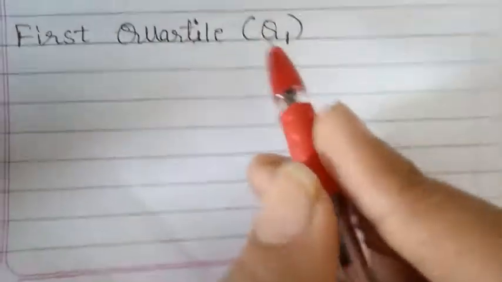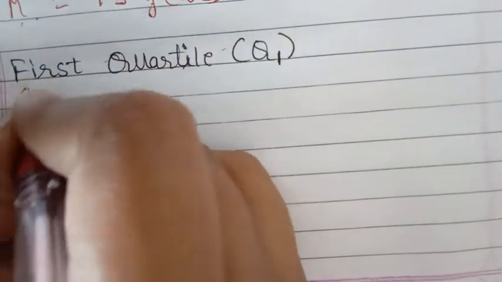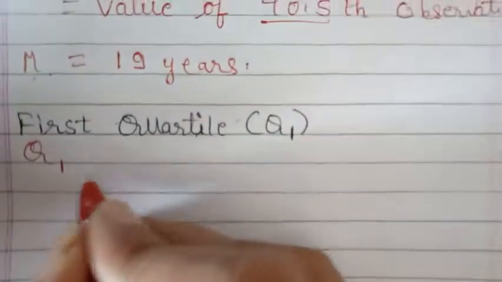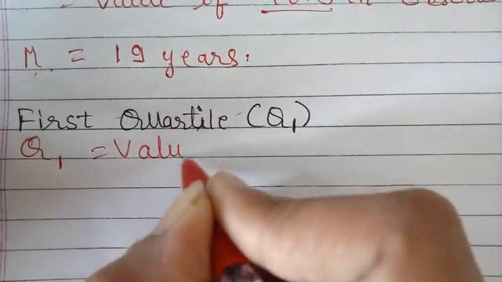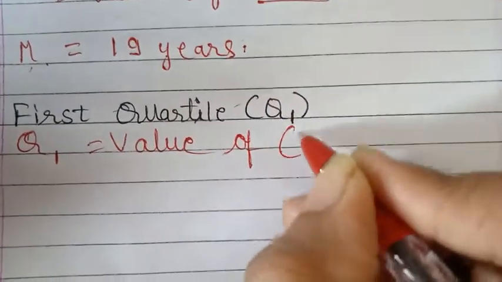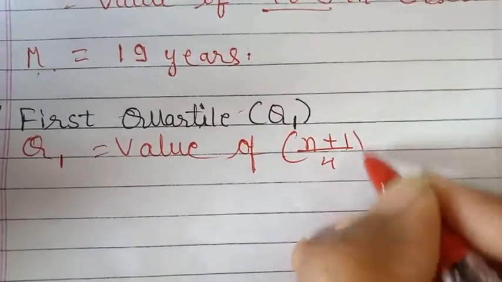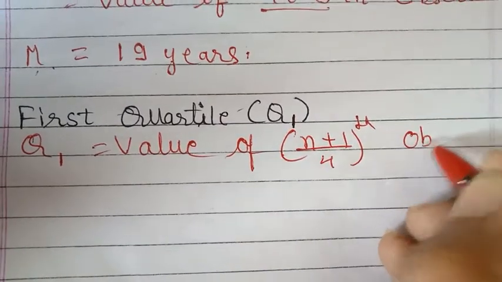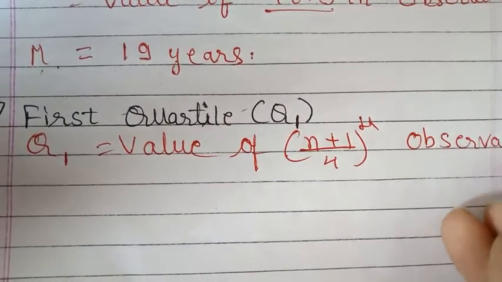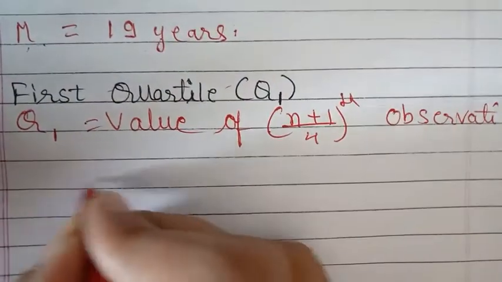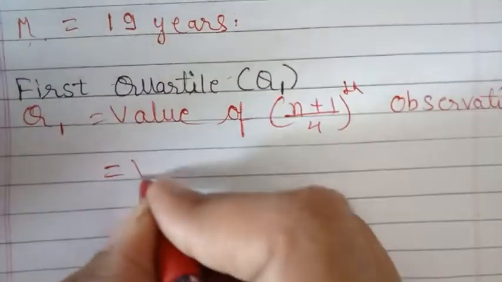Now the first quartile. So the formula for the first quartile, that is Q1, is the value of (N plus 1) upon 4th observation. That is equal to, N, as you know, is 80.